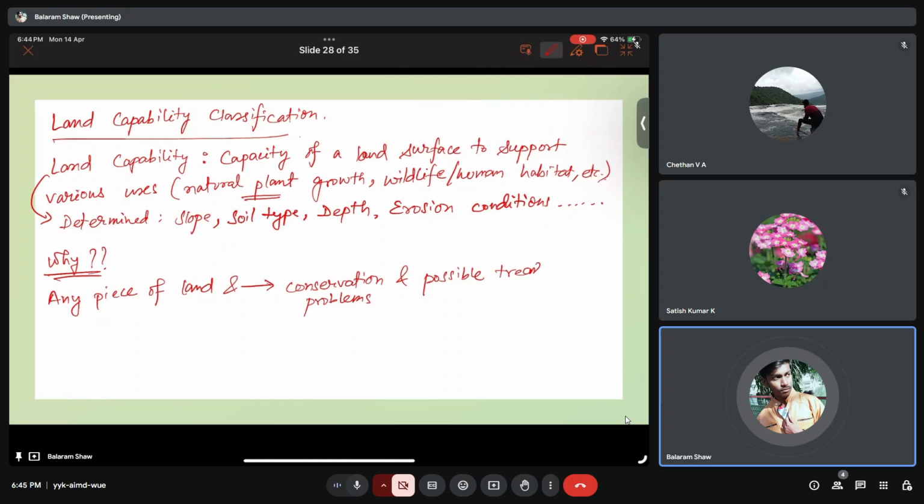So let's say if we classify the land, if land is very good or land is very bad.